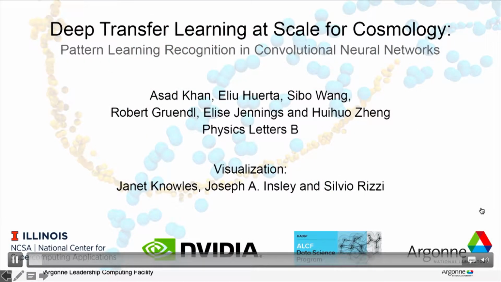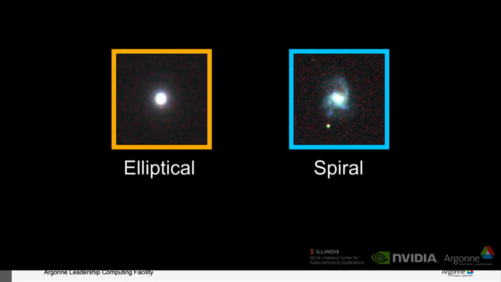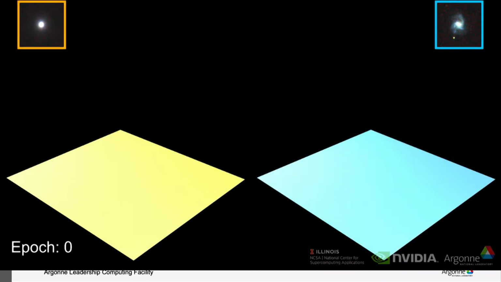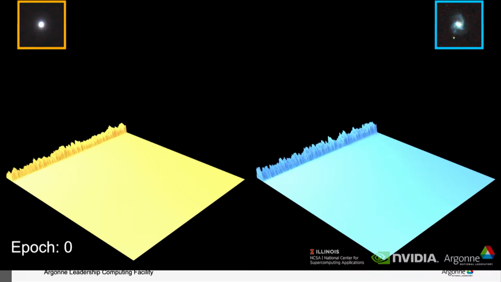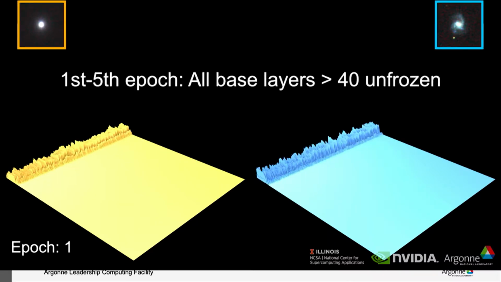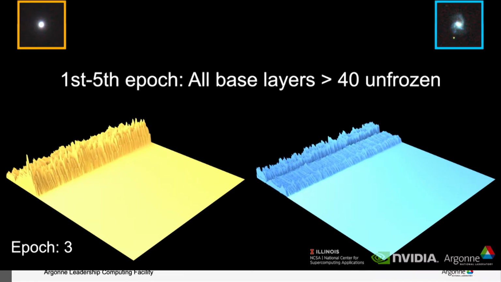Okay, so now it's time for the cool movie. Okay, so this is two test images that we gave the network as it was being trained. And this is the second to last layer output. So at the 0th epoch, all the base layers are frozen, and it's just those fully connected layers. So the base layers are being used as a feature extractor. The output in the beginning for the two images are similar, which is what we'd expect, just kind of random initialization as it starts to learn.